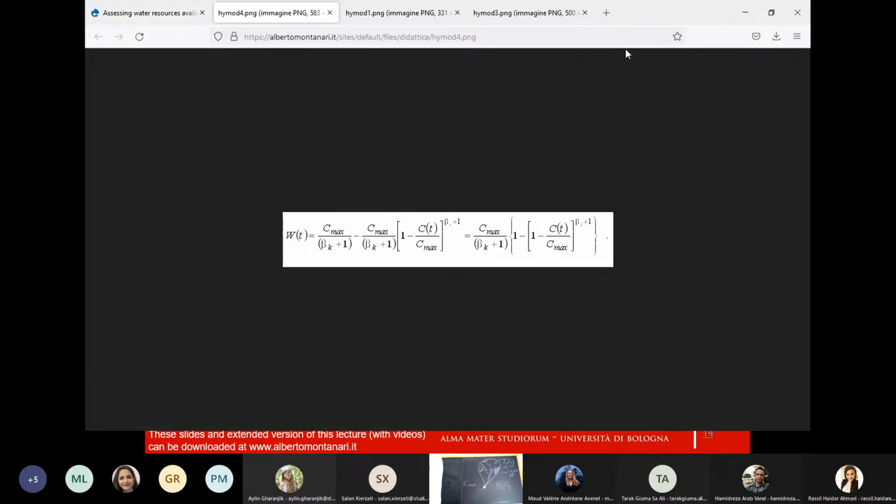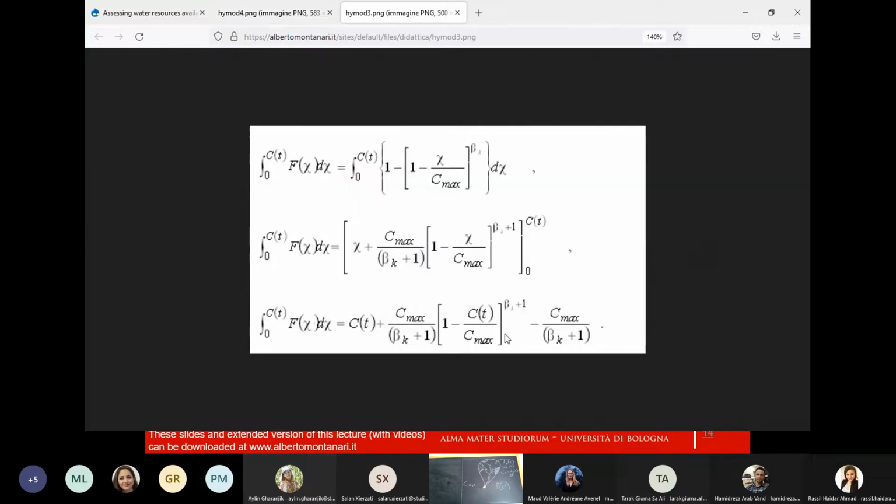Here is the storage, which is given by, there is a step that I bypassed here, and then we go back to this, not this, but this. Okay.